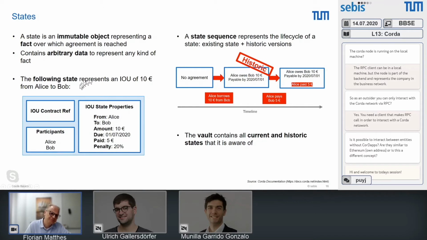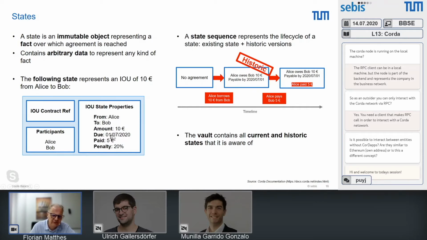If you want to represent the state of such a contract, it would essentially say, okay, this is more or less my object. It has a certain state that Alice writes to Bob, I owe you 10 euro, and I have to pay it back.